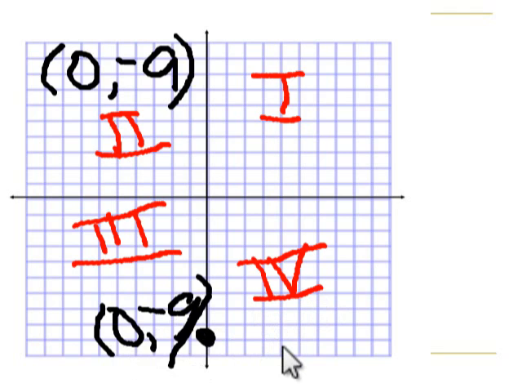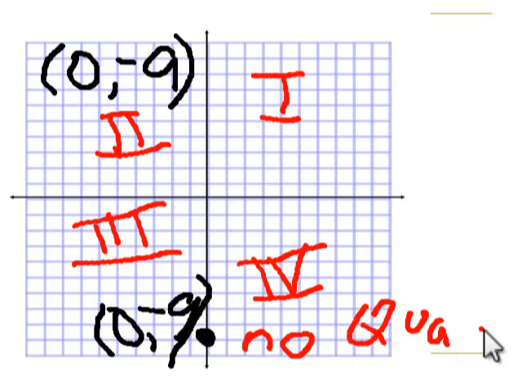Well, I told you it was a trick question, and the reason it's a trick question is because the point 0, -9 isn't in any quadrant because it's on an axis. So since 0, -9 is on an axis, it's in no quadrant. And on your practice, it's going to ask you to name either the quadrant or the axis.